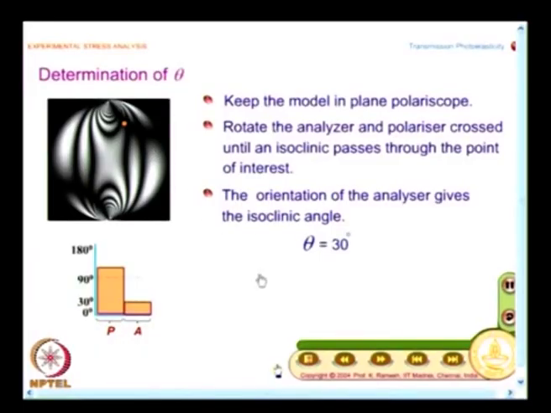In modern days, you replace your human eye with an electronic camera and do intensity processing, and you are in a position to enhance the accuracy. So, determination of theta is fairly simple. Now, we move on to find out how to get fringe order n.